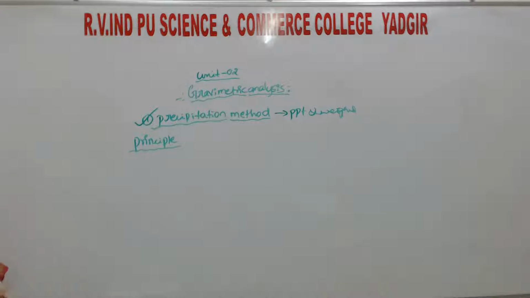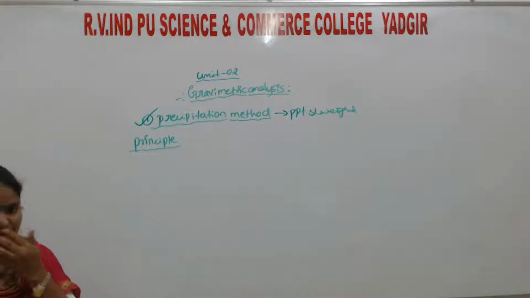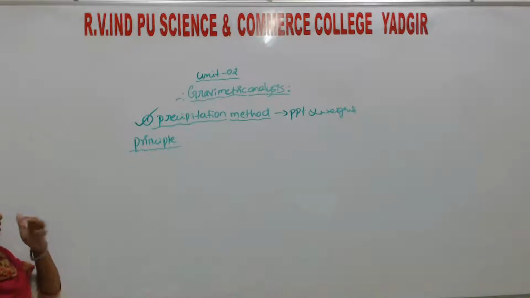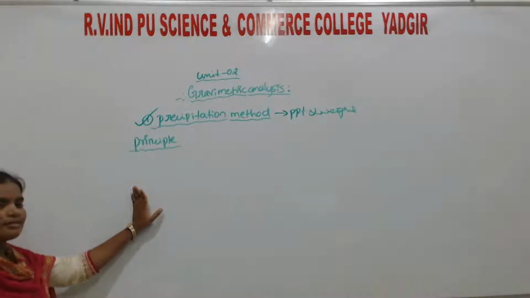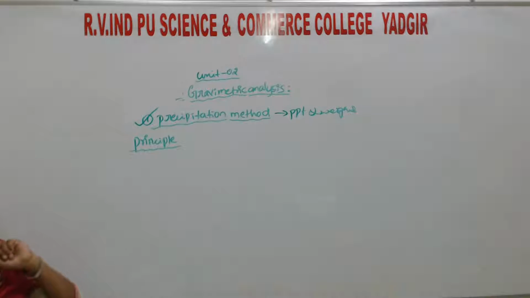Next, the principle of precipitation. Using the precipitation method, take any example. A suitable quantity of the sample is accurately weighed and dissolved in an appropriate solvent to get a solution.